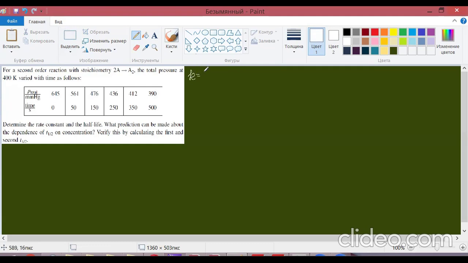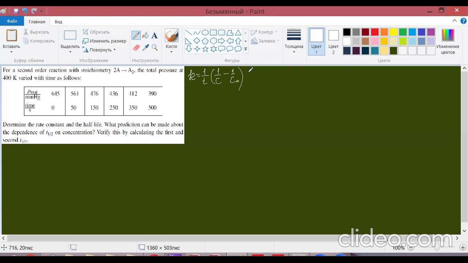k is equal to 1/2 times, in brackets, we got this expression. However, we will guess for that reason, instead of C, we can write P, because concentration is proportional to pressure.